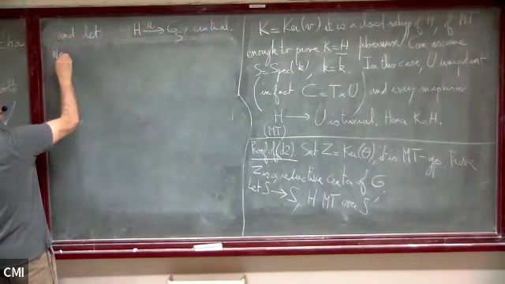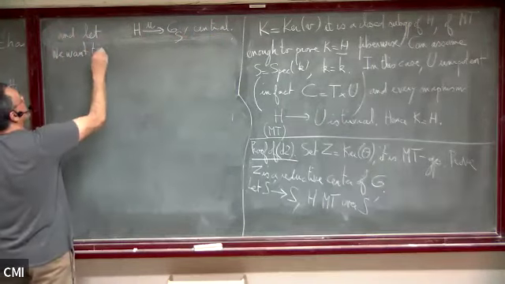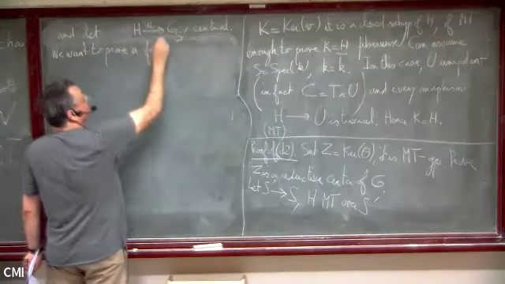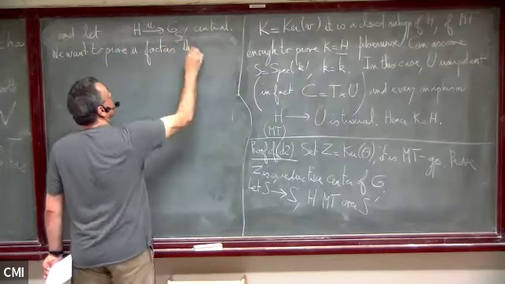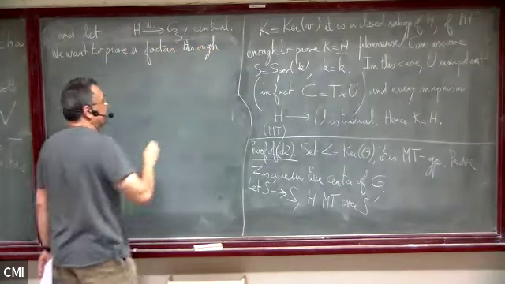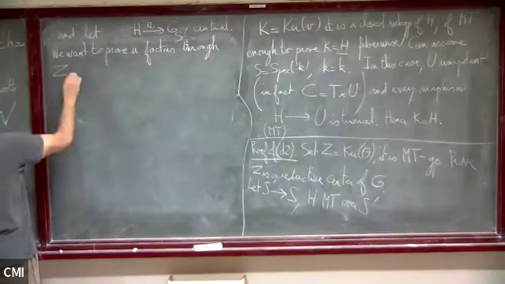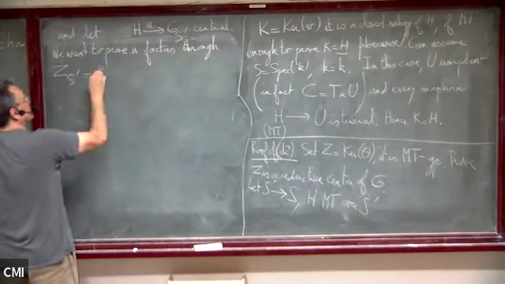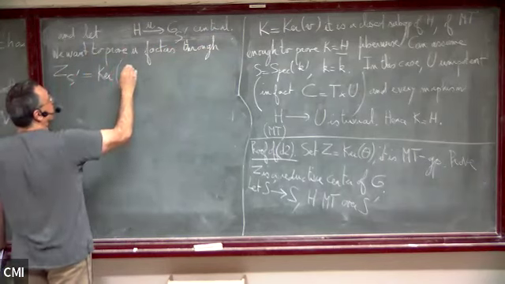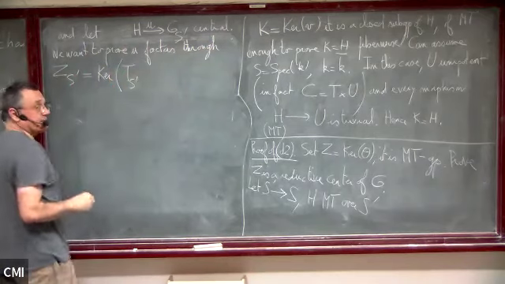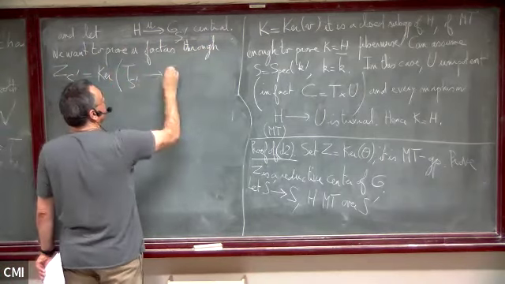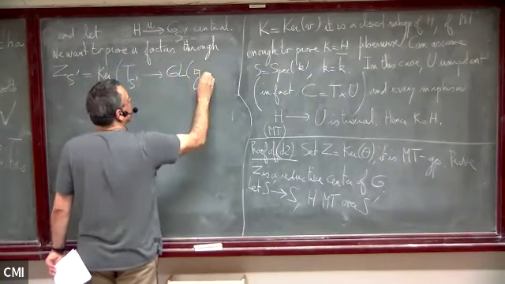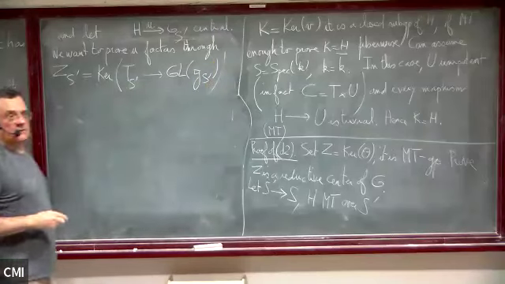Okay, so we want to prove that U factors through Z S prime, but Z S prime is nothing but the kernel of the map from T S prime to the base change.